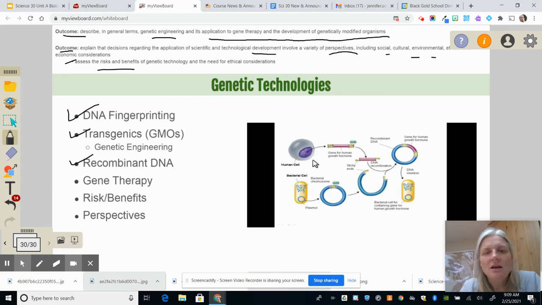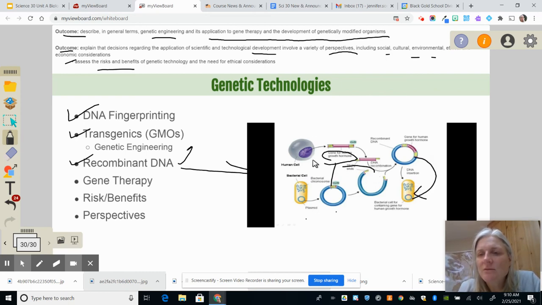Recombinant DNA, you would use that in GMOs, but you can also use it in this example where we're taking a bacteria plasmid, popping the gene for human growth hormone into that plasmid, and then putting it back into the bacteria. The bacteria will grow and produce this growth hormone that we can keep in a lab, and then have that growth hormone for humans that need it.